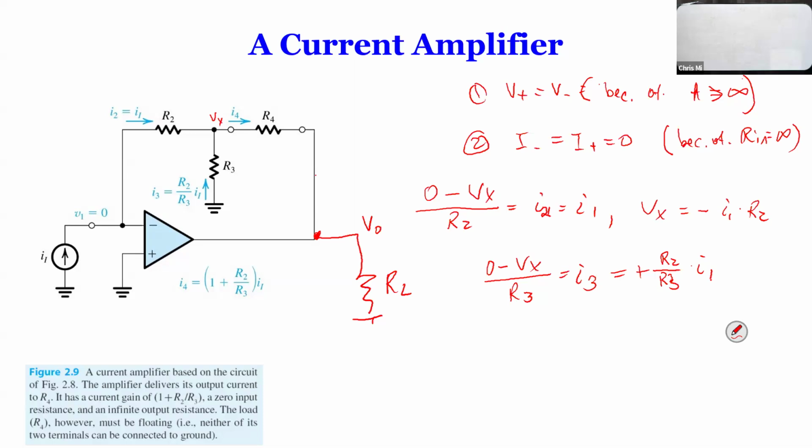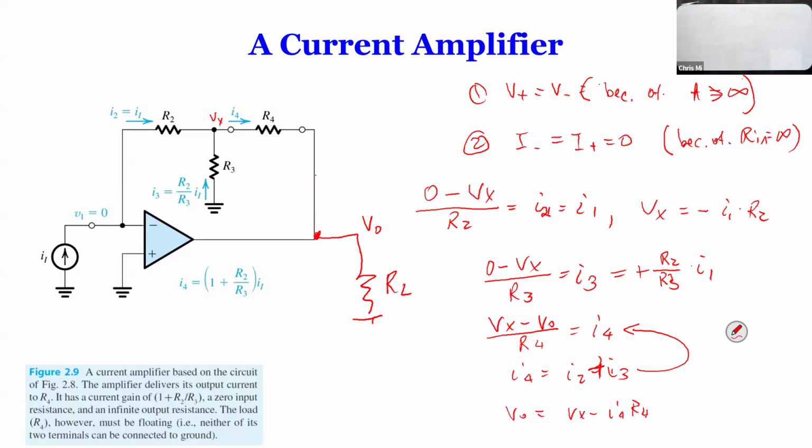Now, once you find Vx, you can use Vx minus Vo divided by R4 equals I4. Of course, we know that I4 equals I2 plus I3. Because we already found I2 and I3, we can find I4 and plug in. Now you can find Vo, which after manipulating the equation equals Vx minus I4 times R4.